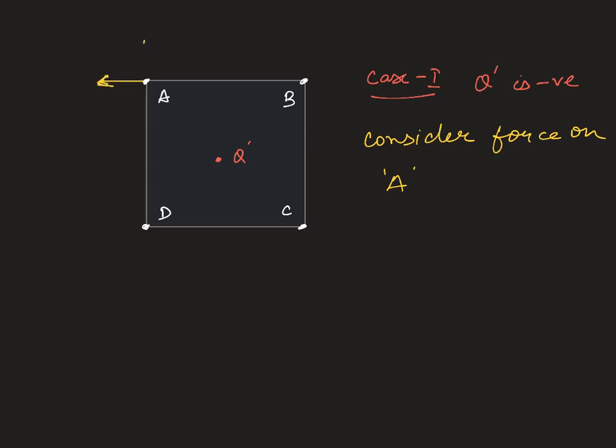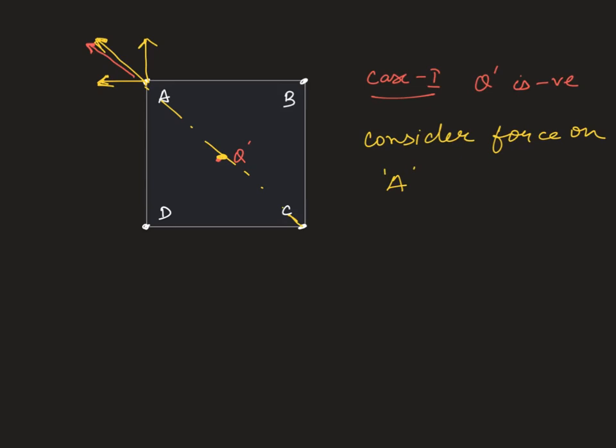Due to D also, there will be a repulsive force because both are negative. Due to C also, there will be a repulsive force, both are negative. And due to Q dash, the force will also be repulsive because it is negative. So all forces are repulsive in nature.